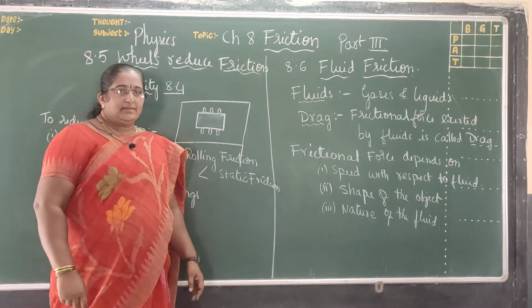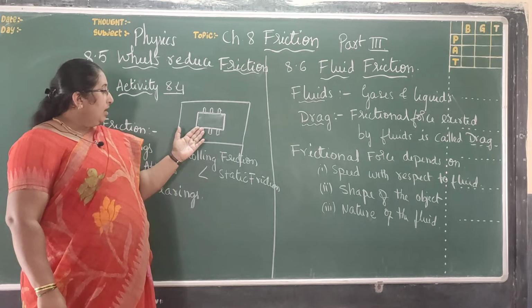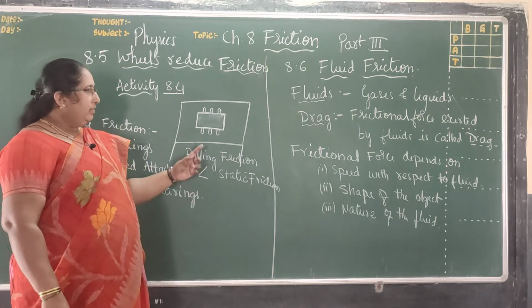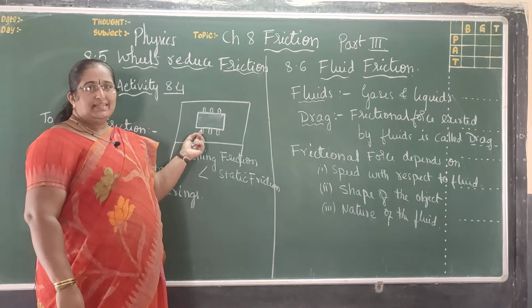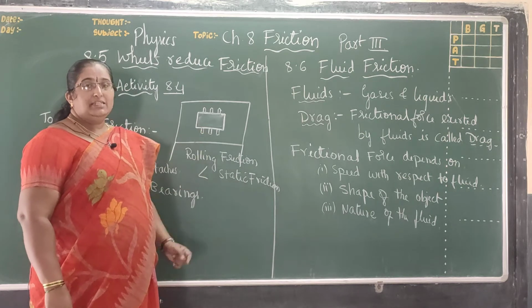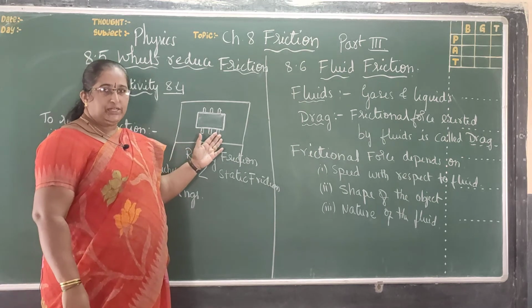Then you will see that the book rolls more easily than before, when it was pushed without the pencils. So here the rounded pencils act like a wheel, and the rounded pencils will roll, and by rolling they are reducing friction.